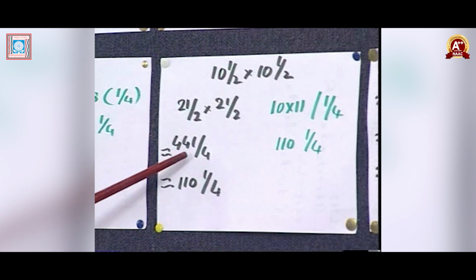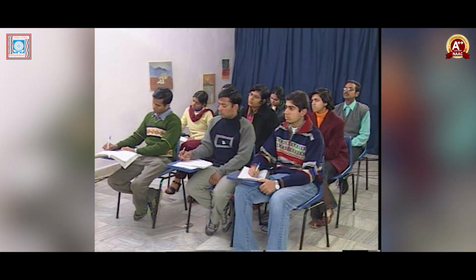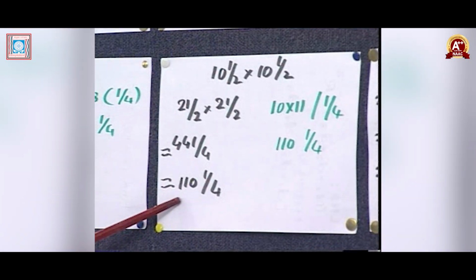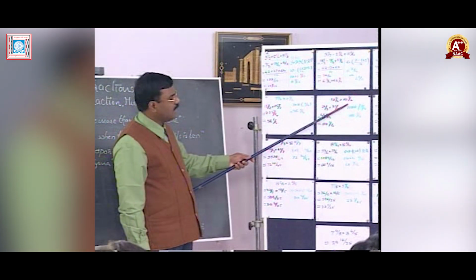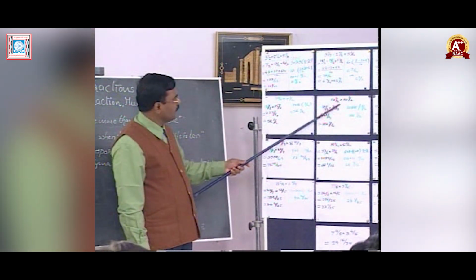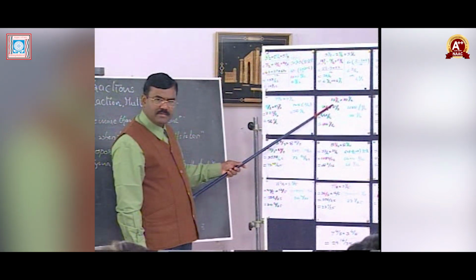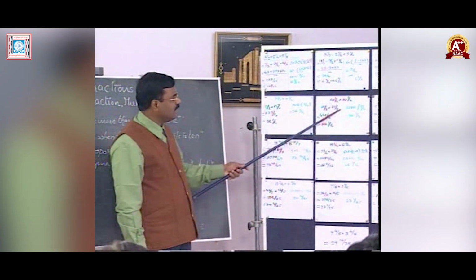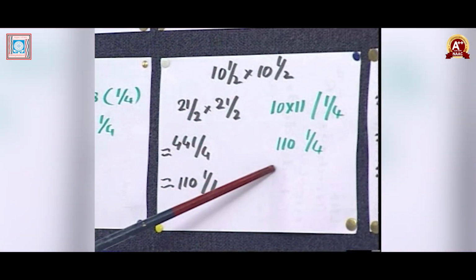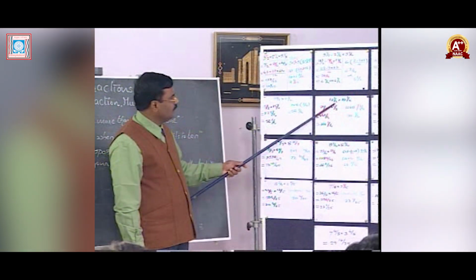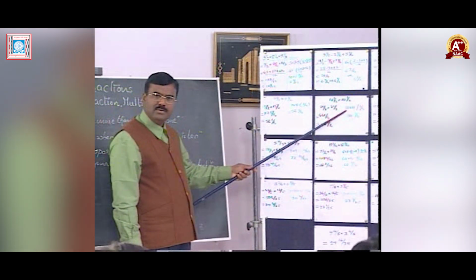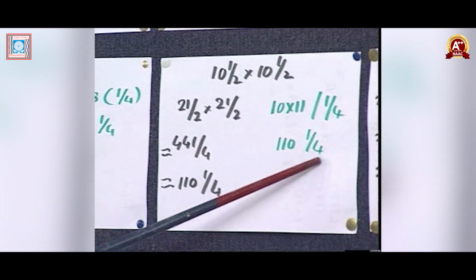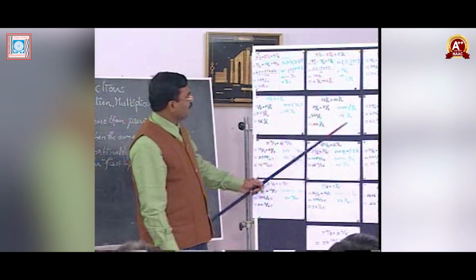If you convert to the mixed fraction, once again you get 110 1 by 4. If you do it by Ekadhikena Purvena, one more than the previous. One more than the previous of 10 is 11. 11 10s, how much do you get? 110 is the left part. 1 by 2 multiplied by 1 by 2 is 1 by 4.